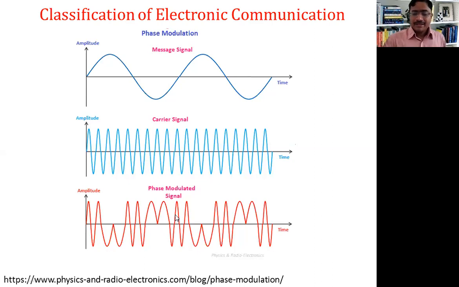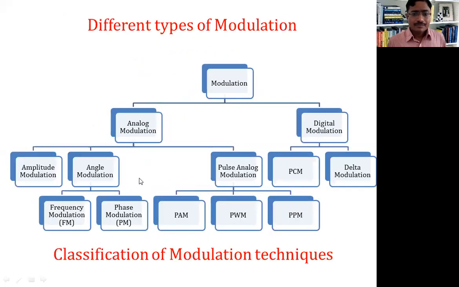So the analog modulation can be categorized as amplitude modulation, frequency modulation, and phase modulation.